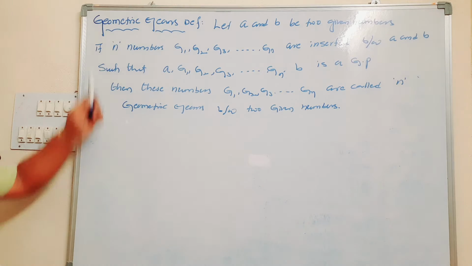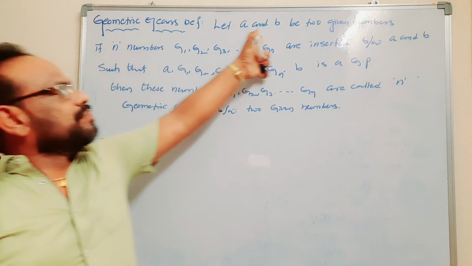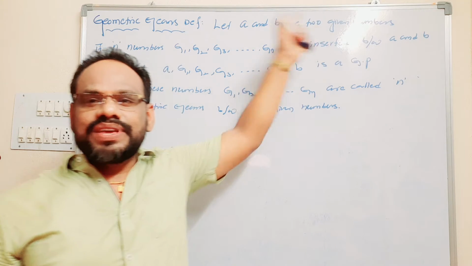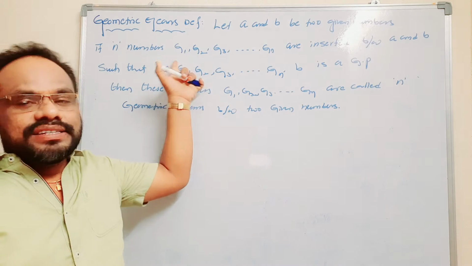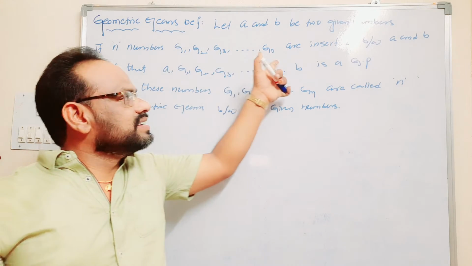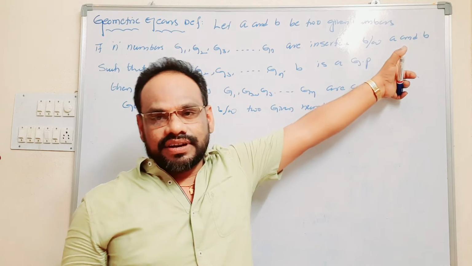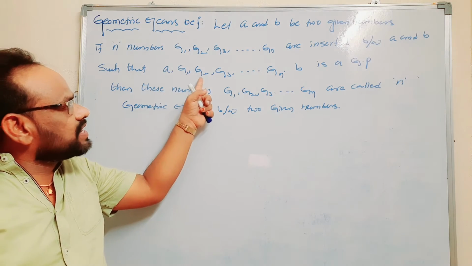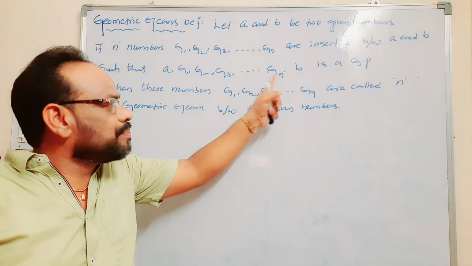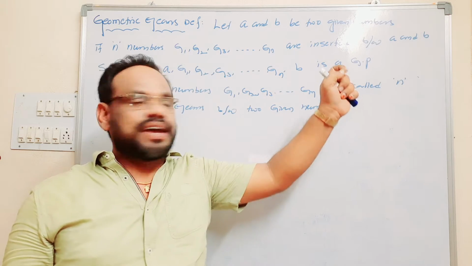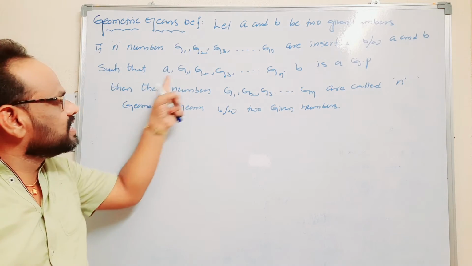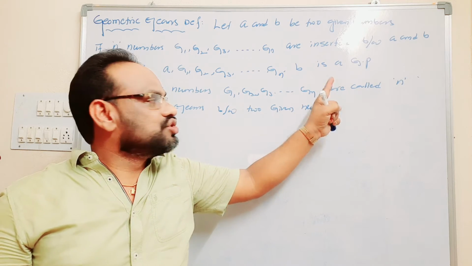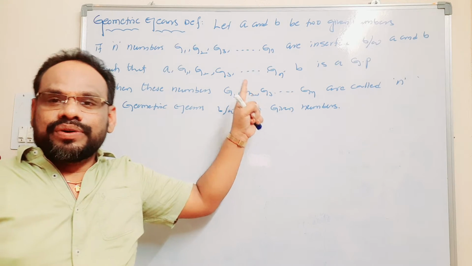Observe here, the geometric means definition. Let a and b be two given numbers. If n numbers g1, g2, g3 and so on gn are inserted between a and b such that a, g1, g2, g3 and so on gn, b is a geometric progression, then g1, g2, g3 and so on gn are called n geometric means between two given numbers.